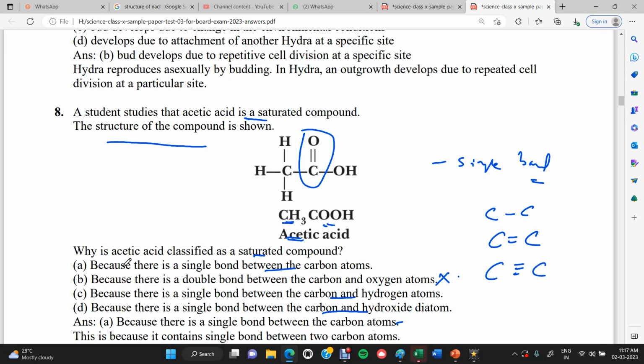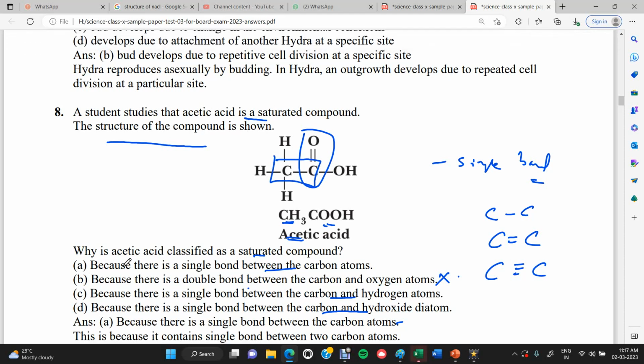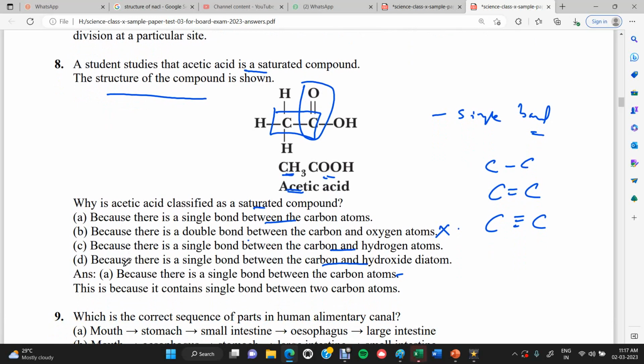So the carbon-carbon bonds decide the unsaturation or saturation. Here there is a single bond between carbon and carbon, and this is considered as a functional group. So this is why acetic acid is considered a saturated compound. Is that clear? Any doubts?